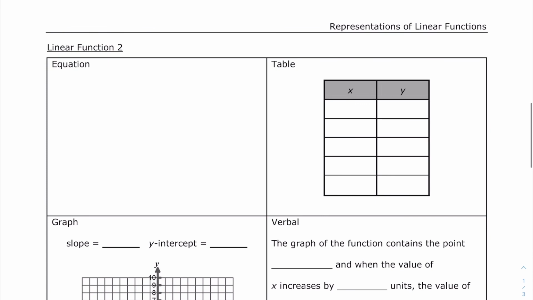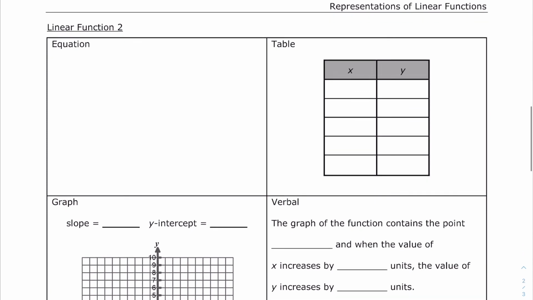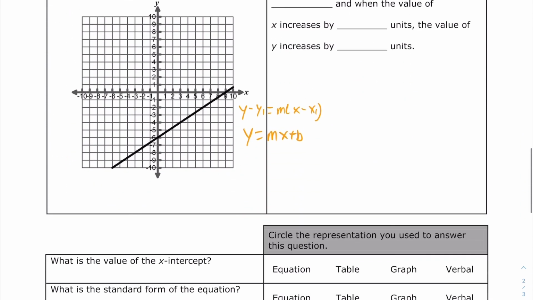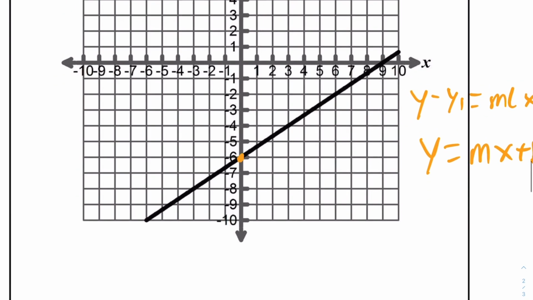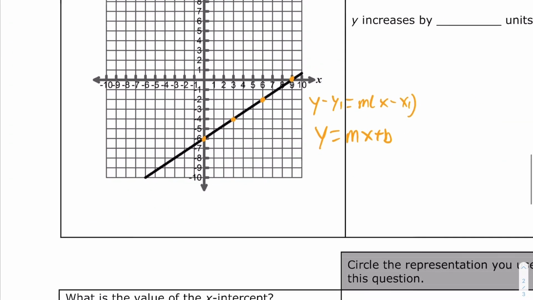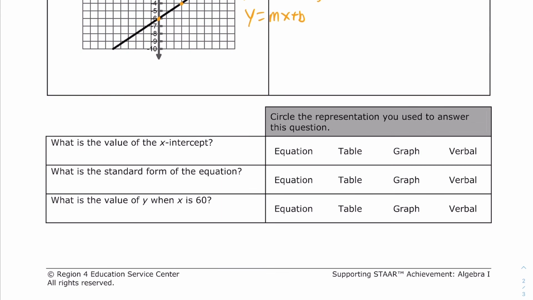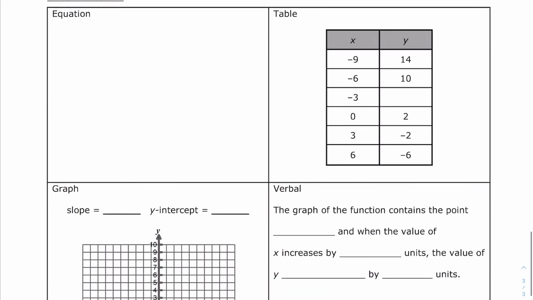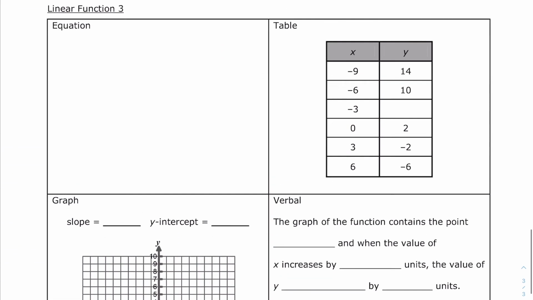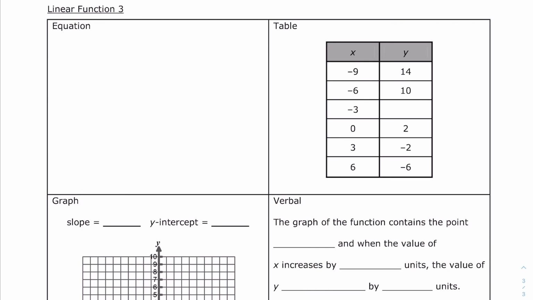So once you get your equation, you're going to make a table, or you could just make the table from the graph, because you can just take these points straight off of here. Don't forget to answer the questions at the bottom. And then in the final one, they gave you most of the table.